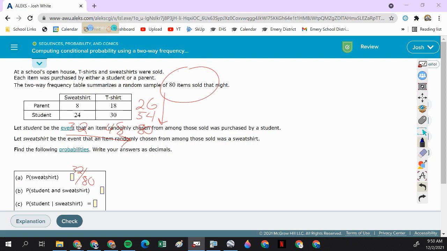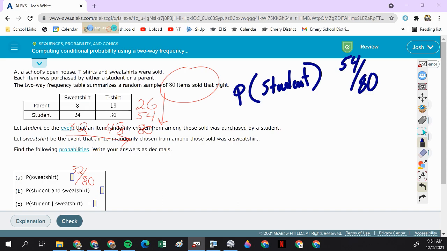Okay? Now I'm gonna give you other questions because they don't have very many. What is the probability of student? So if we randomly pick one person, what is the chance that that person is a student? 54 out of 80. Okay?